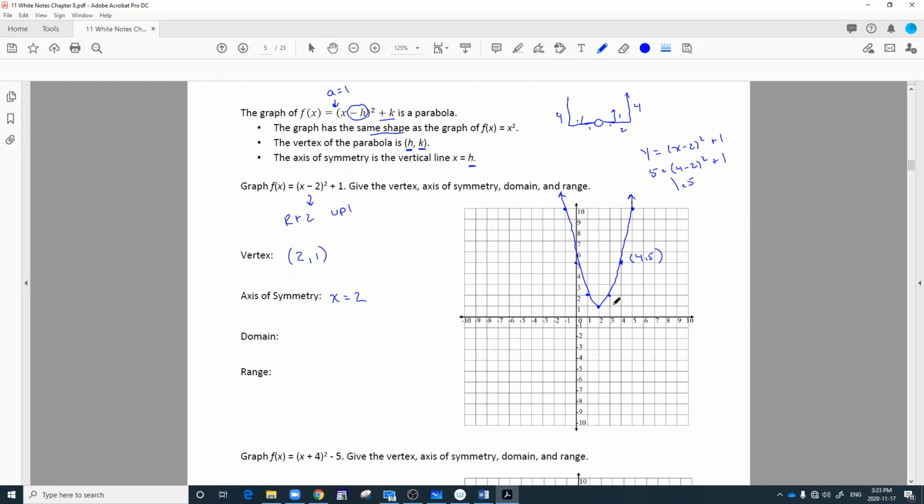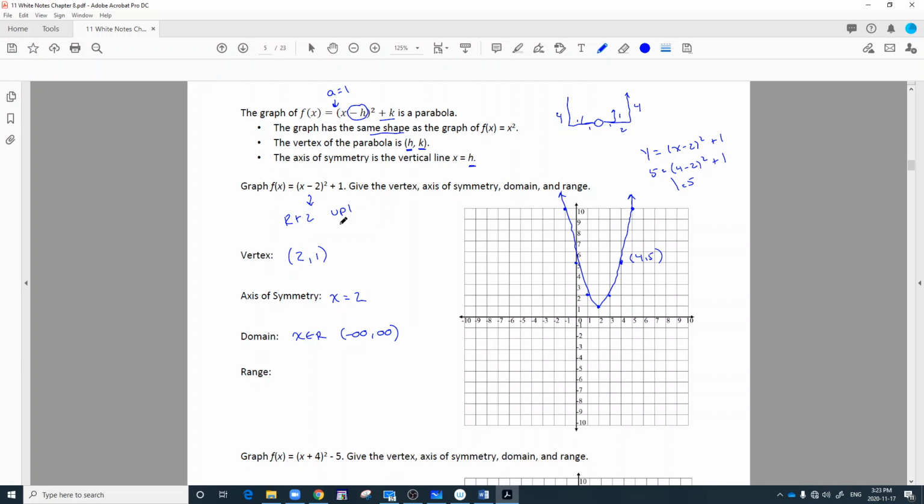It's just quicker. Now the domain of every single parabola you do is going to be x is an element of the real number system, or negative infinity to infinity, because there's nothing you can't put in for x. X is not in a radical, and x is not in a denominator. So x can be anything, but y can't be anything because you're squaring, which is going to make most things positive, and you're moving it up.